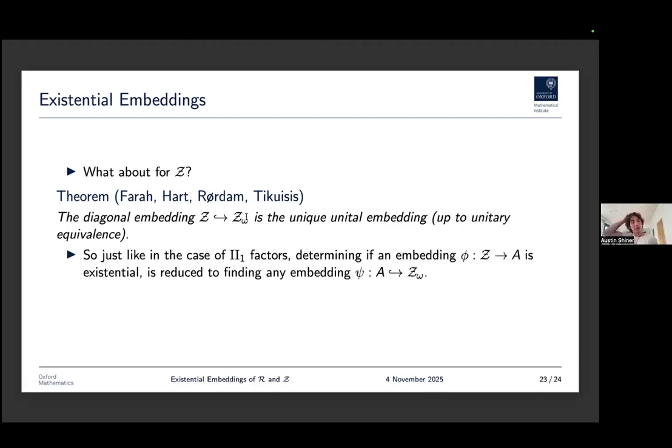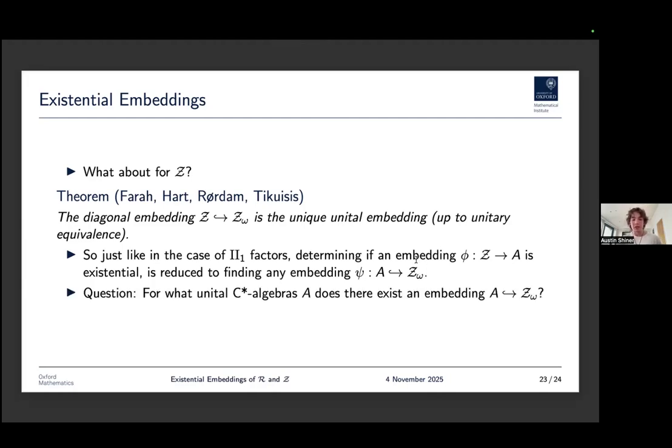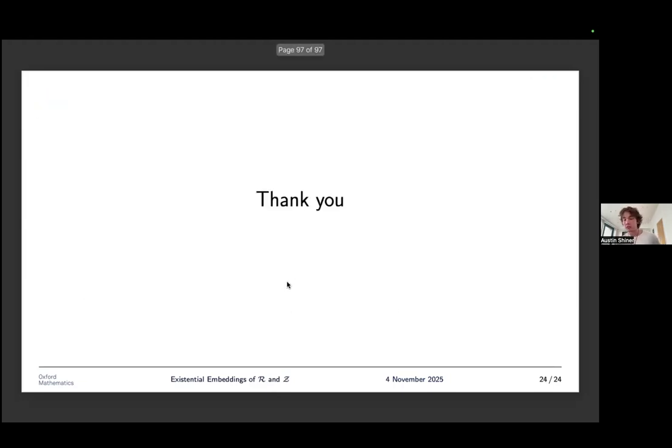So just like in the II_1 factors case, to determine if an embedding of Z into some classifiable algebra is existential, it reduces to defining an embedding of our algebra A into the norm ultrapower. So, a question which I'll let Ben elaborate on: for what unital C-star algebras A does there exist an embedding of A into the ultrapower of Z? Thank you.